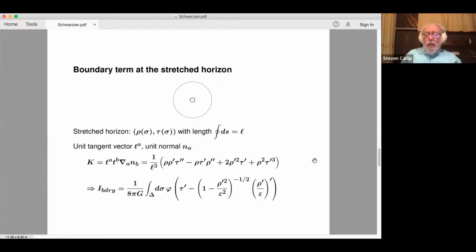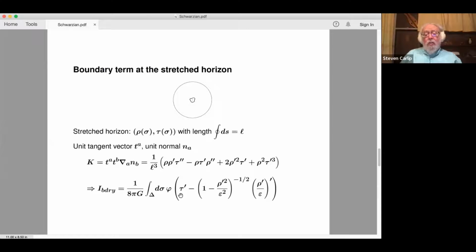and you get, again, something that just looks like some complicated integral. Now, let me say a couple of things about this integral before I go on. Suppose that you take this curve to be a circle, so rho equals some small constant, epsilon. The second term here is then a total derivative, and if phi is constant, the second term just goes away.